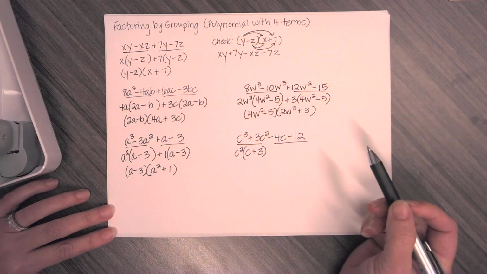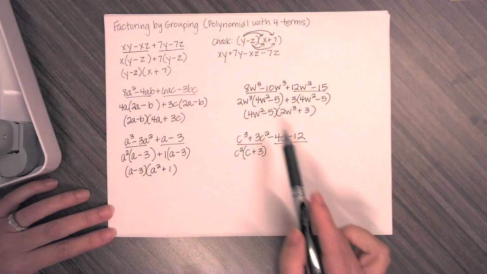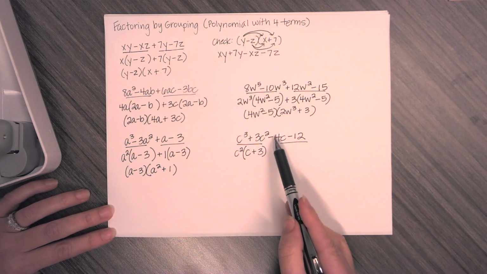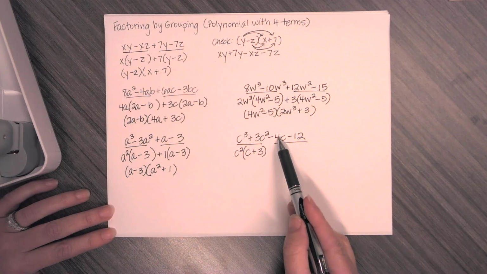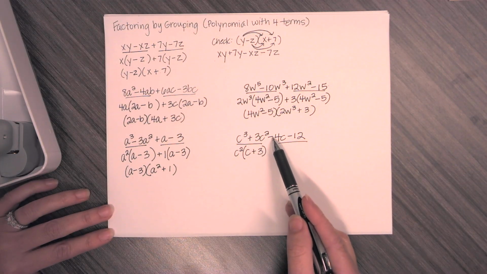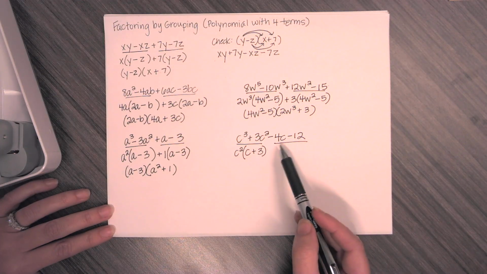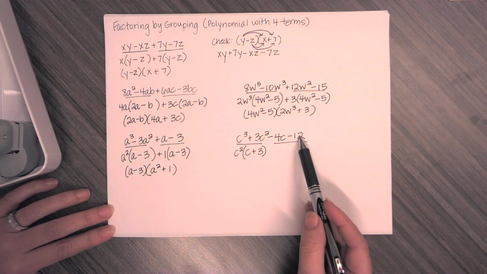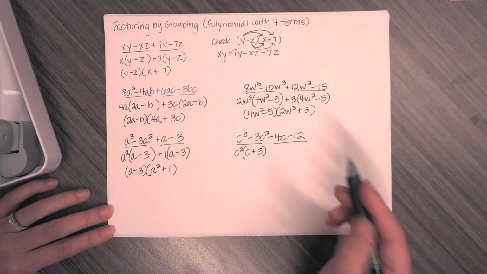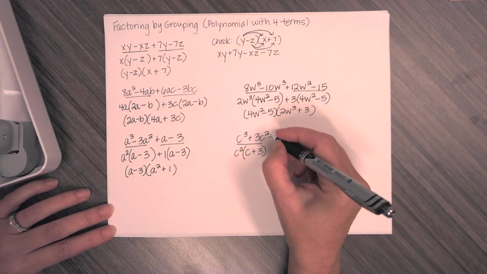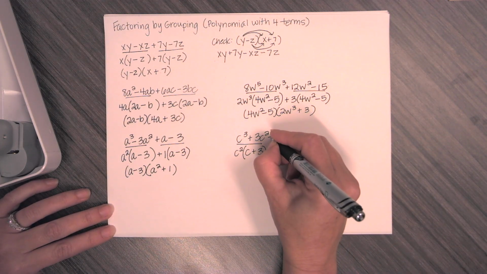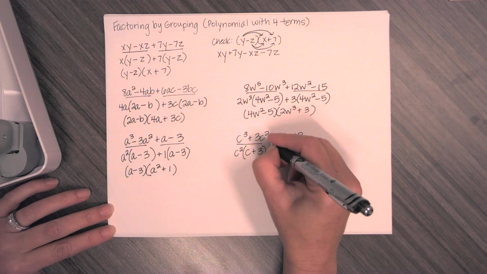Now, we haven't run into this yet on any of these problems, but anytime the first term in a group is negative, then you want to factor out a negative GCF. So when you look at 4c and 12, you think, well, I know these are both divisible by 4, and I want to factor out a 4. Yes, but you want to factor out a negative 4 because this first term is negative.